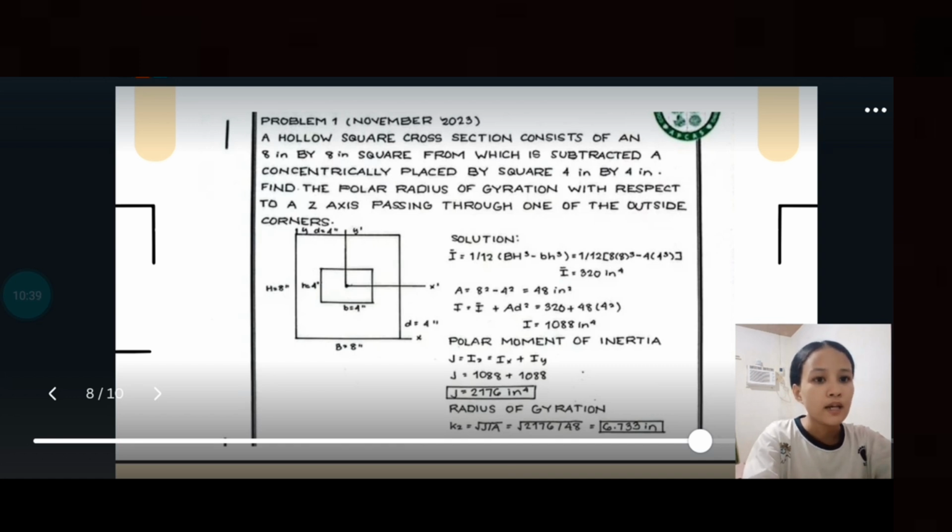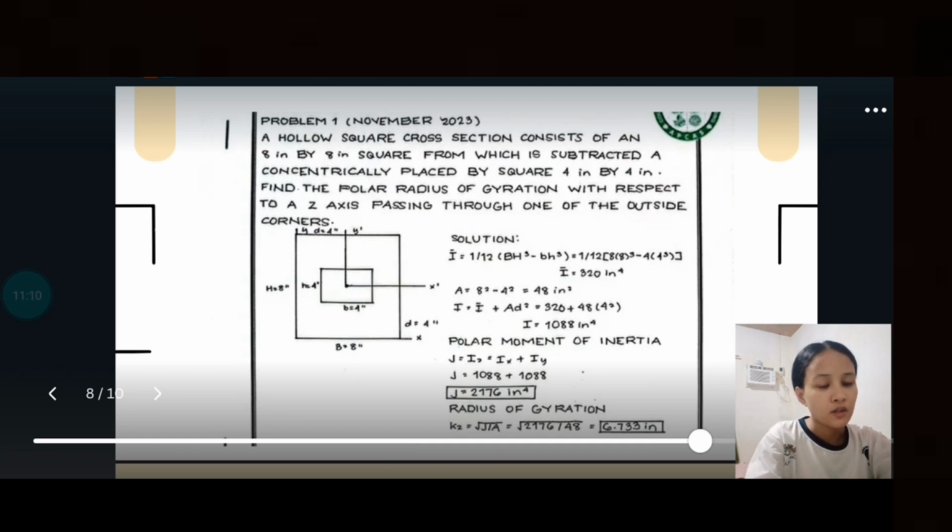So first, we need to get our I. So I is equal to 1/12 times the base and height of the bigger square, so bh cubed, minus the base and height of the smaller square, bh cubed.